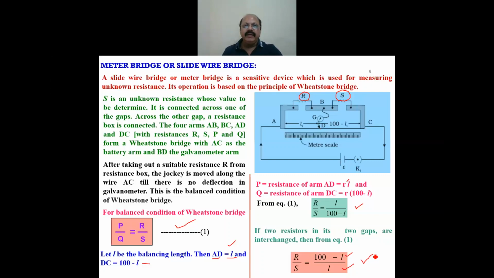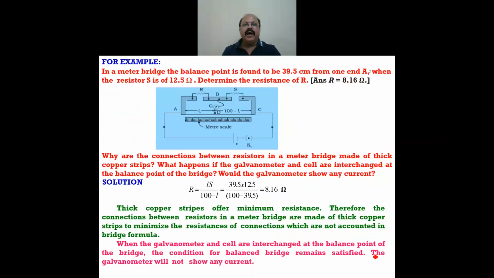Now we take one numerical so that you can understand. In a meter bridge, the balance point is found to be 39.5 centimeter from one end A, and A is here. So balancing length we are finding at point 39.5 centimeters.